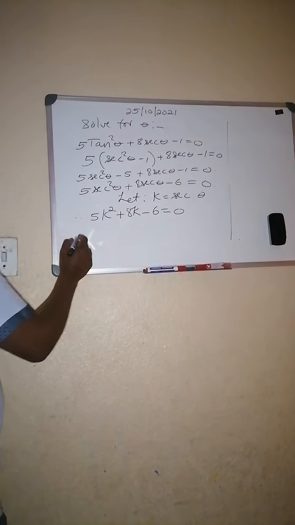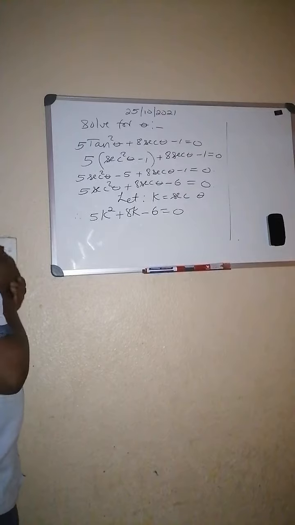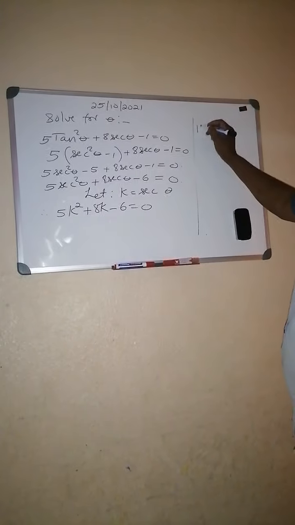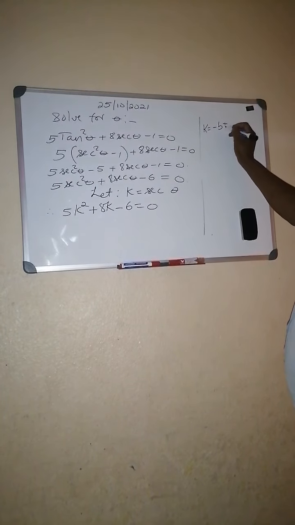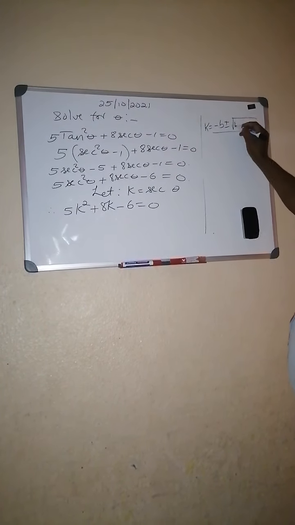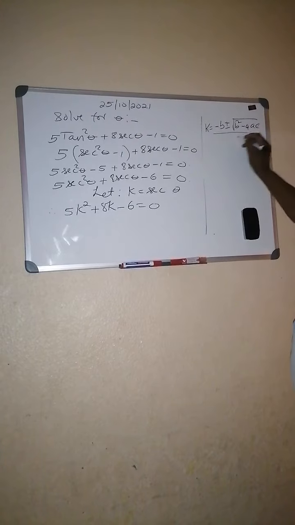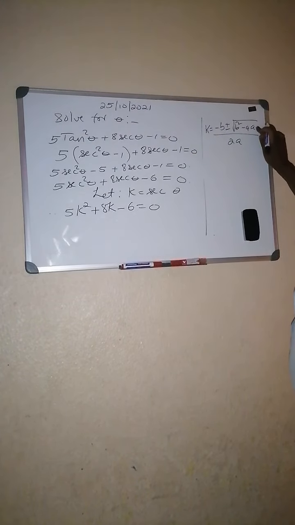So because there are no factors, we will then use the quadratic formula. What is the quadratic formula saying? It says k equals minus b plus or minus the root of b squared minus 4ac all over 2a.